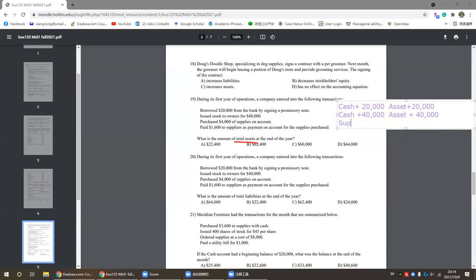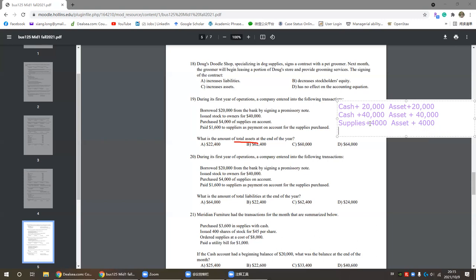So our supplies will be increased by 4,000, and of course supplies belong to asset as well, so our asset will also increase by 4,000. Remember, because this is a purchase on account, the company did not pay yet, so our cash did not decrease. So only asset increases.